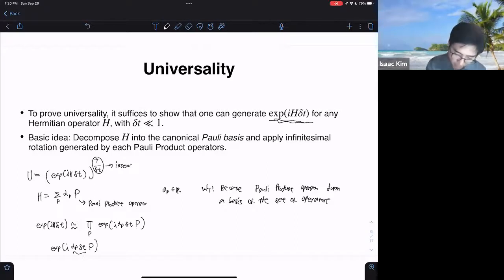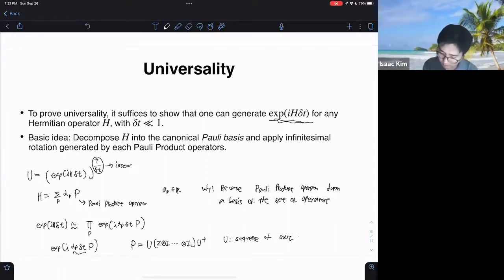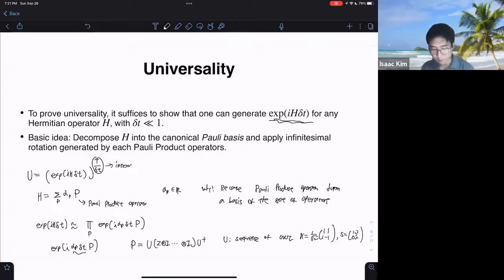Later, I will claim that any Pauli product operator can be written as U X U dagger like this, where U is a unitary operator, which is a sequence of C naught and a single qubit operator called the Hadamard operator, and another single qubit operator called the phase operator.